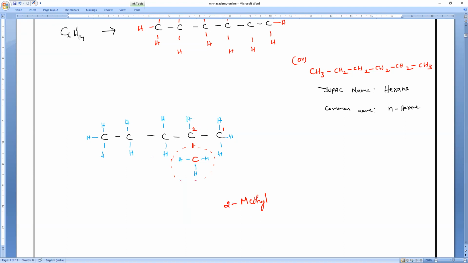So 2-methyl. And the parental chain, what is the maximum number of carbons? 5. What is the name for 5? Pentane. So 2-methylpentane. The second carbon has a methyl group.